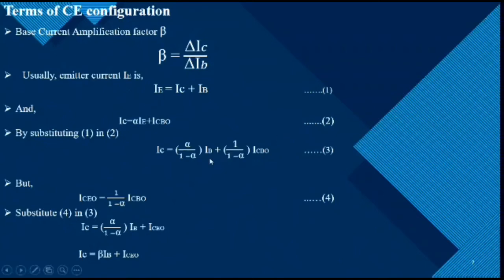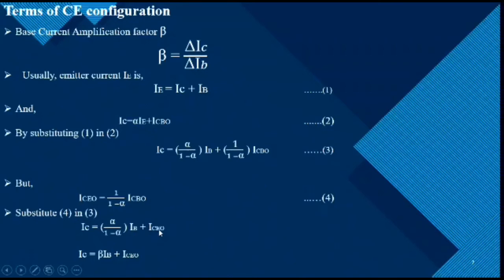Now, after getting this equation, if the base circuit is open, that is if IB is equal to 0, the collector emitter current with base current open, that is ICEO, is equal to 1 by 1 minus alpha into ICBO. So, by substituting the value of ICEO in equation 3, we can rewrite equation 3 as IC is equal to alpha divided by 1 minus alpha into IB plus ICEO.